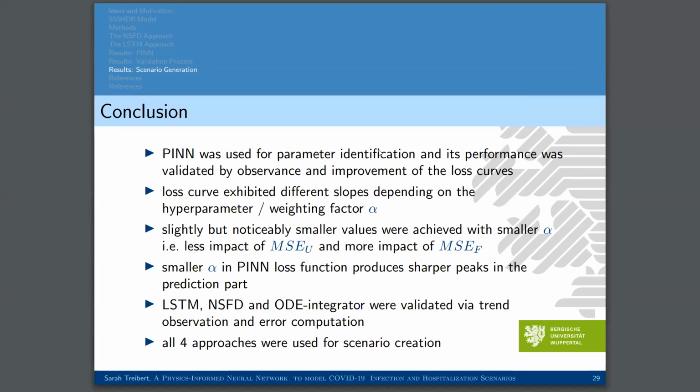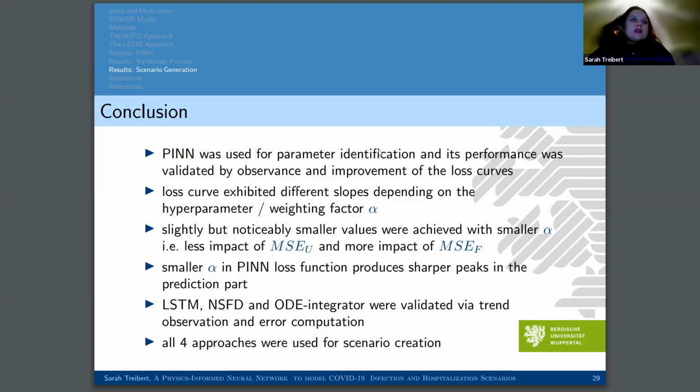A noticeably smaller value was achieved with smaller alpha, while the data error had less impact and the residual error had more impact. And we found smaller alpha in the PINN loss function produced sharper peaks in the prediction part. And we validated via those trend observations and error computation.